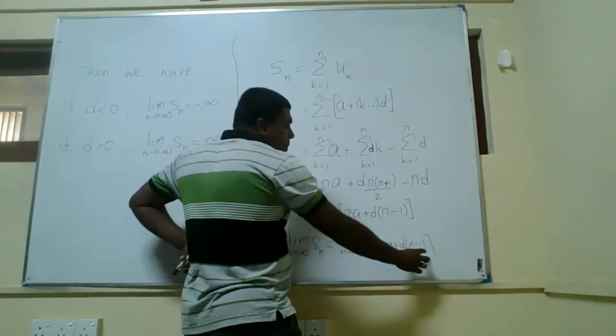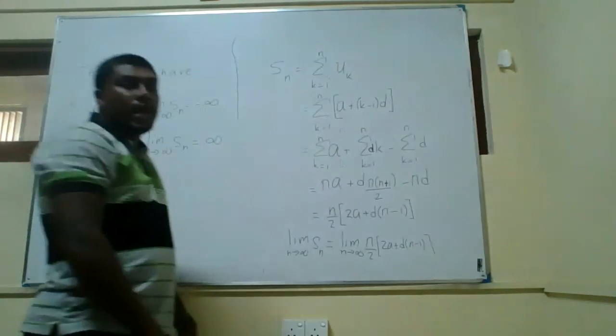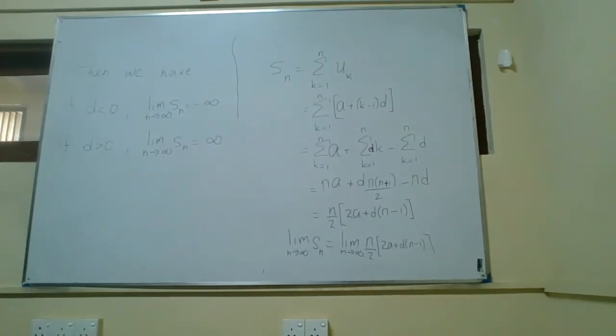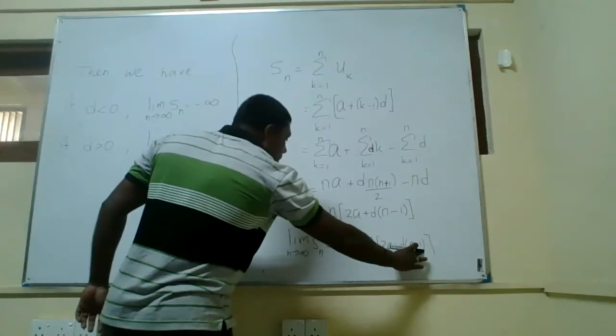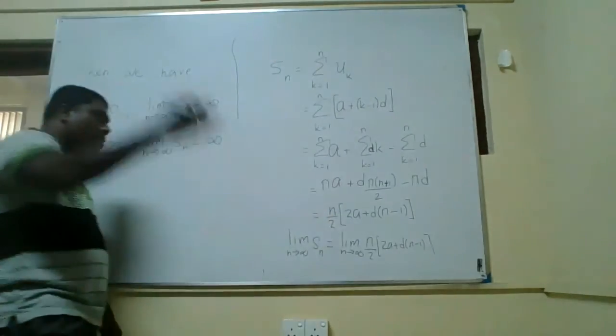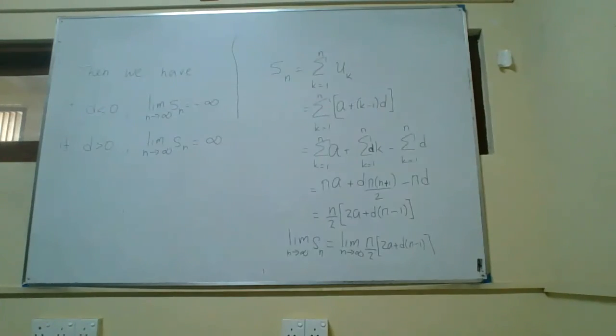So 2a is a fixed number, but this one gets larger and larger, and eventually it will be a bigger minus number than 2a. So the whole thing inside the bracket will be minus. So when n goes to infinity, this goes to a minus number and this goes to infinity. So eventually it all goes to minus infinity.